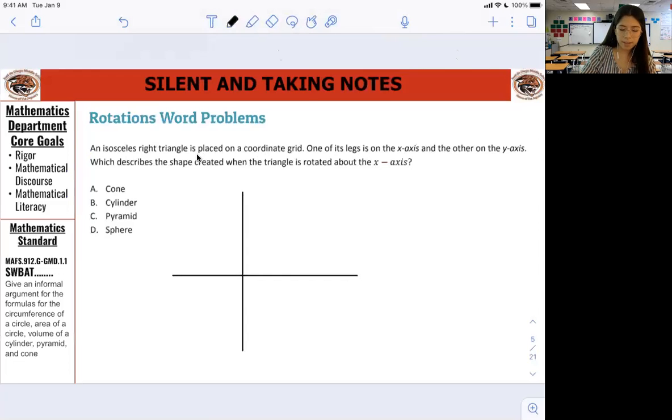One of its legs is on the x-axis. That's one leg right here. The other one's on the y-axis. Okay. And I know it's a right triangle, so here's the third leg. And we're going to spin it, rotate it about the x-axis. So when I spin it, am I spinning it to the left or am I spinning it down?